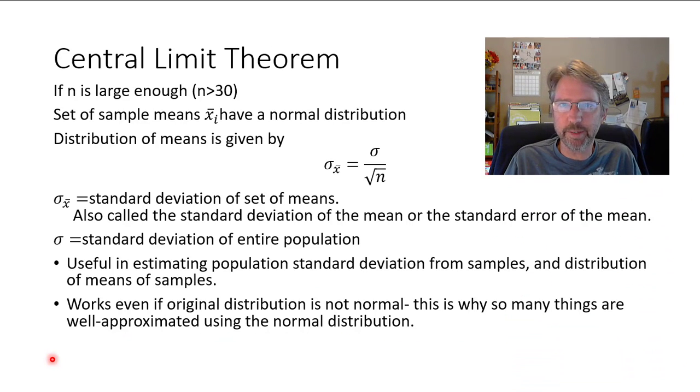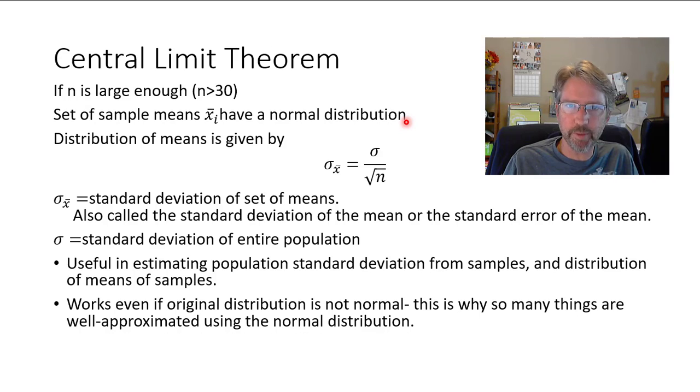So the central limit theorem says that if n, which is the number of samples you took, so the number of things off the assembly line, is large enough, and here large enough will always mean greater than 30, 31 or more, then with that size n, the means of all of your samples have a normal distribution.